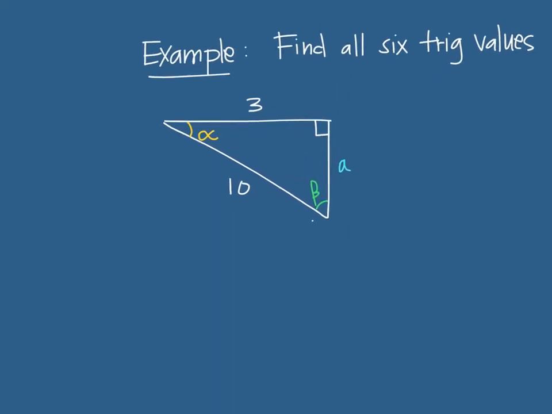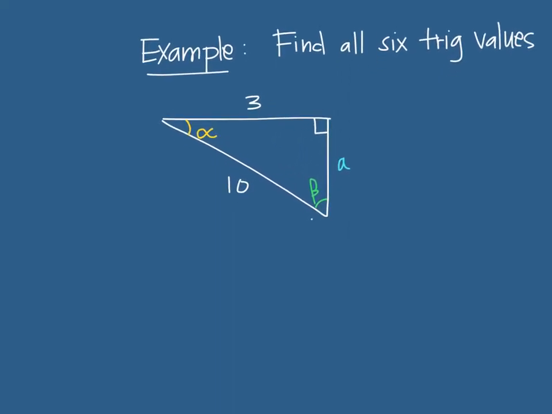So we'll step to the side, and we'll use our trusty Pythagorean theorem, a squared plus b squared equals c squared, to help us figure out the missing side. So a squared plus 3 squared equals 10 squared. That's a squared plus 9 equals 100.